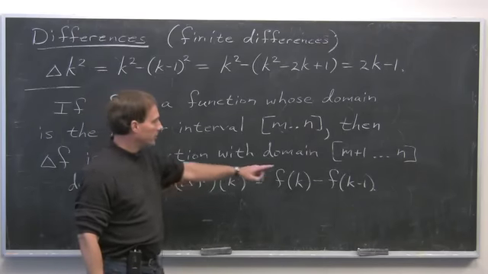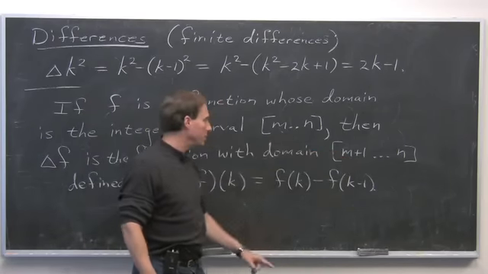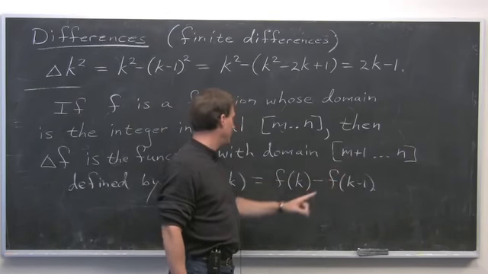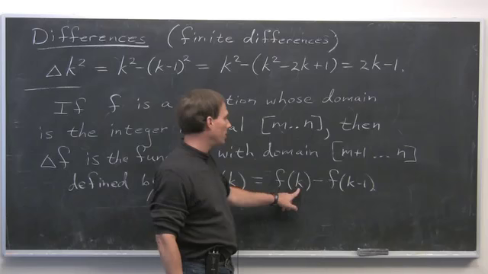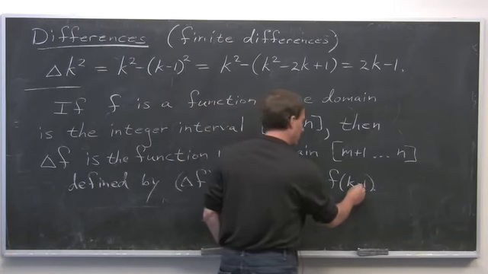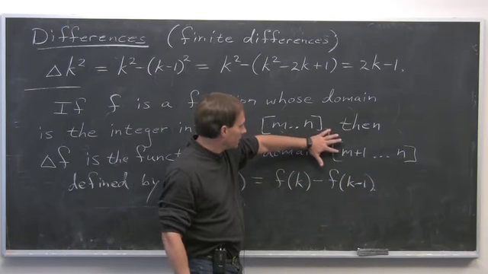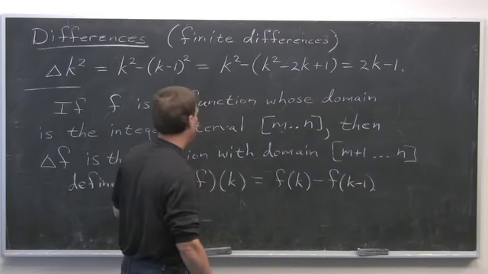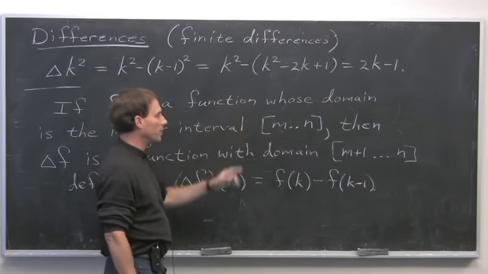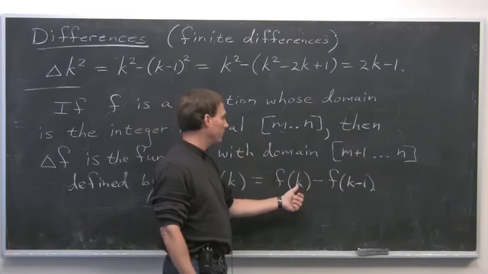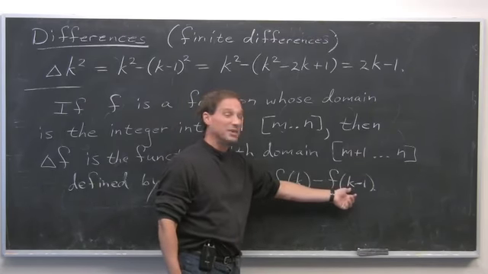So this is why there's this shift in its domain, because if you put in k is m plus 1, then you subtract f sub k minus 1. Well, if k is m plus 1, this is f of m, which is in the domain of f. But if we put in an m for k, it would be f of m minus f sub m minus 1.